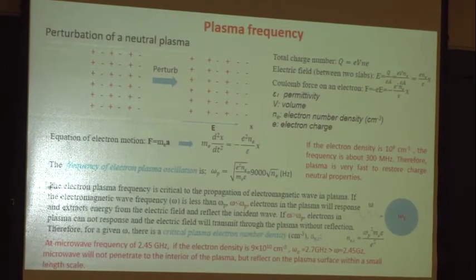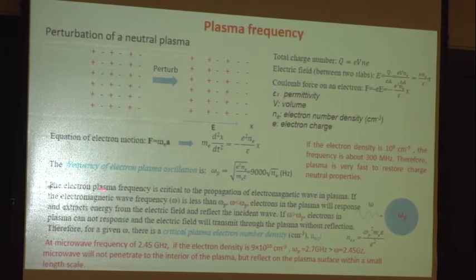The plasma frequency is very critical to electromagnetic wave propagation. If the electric field frequency is smaller than the plasma frequency, the electrons in the plasma always respond to you, and they build an internal electric field and try to reflect the electromagnetic wave.